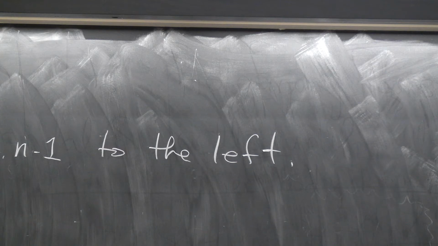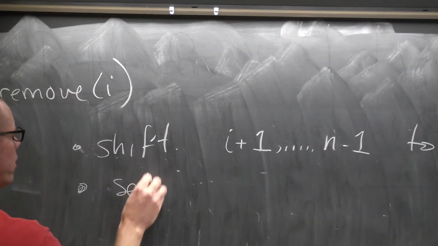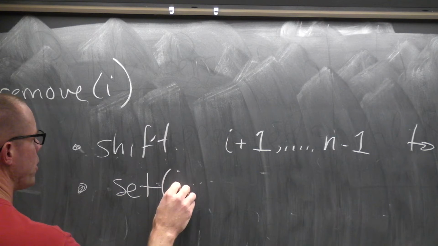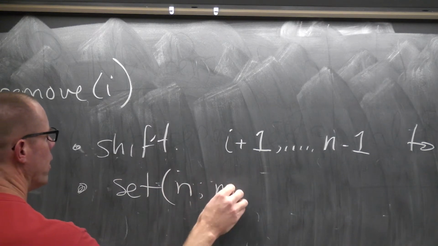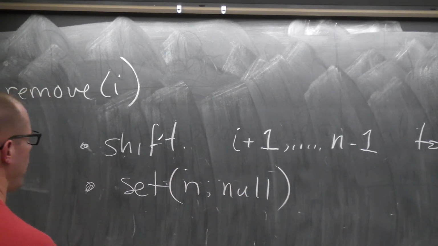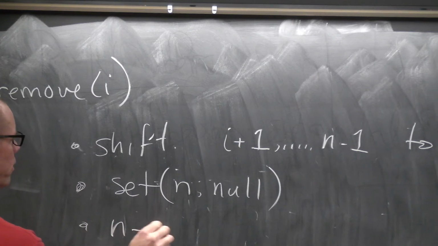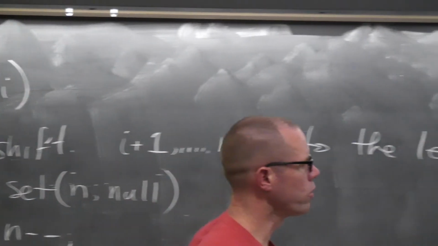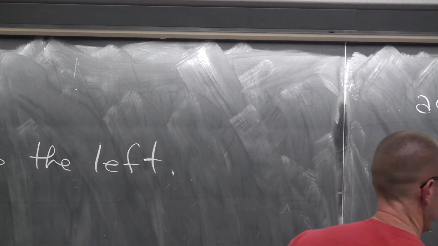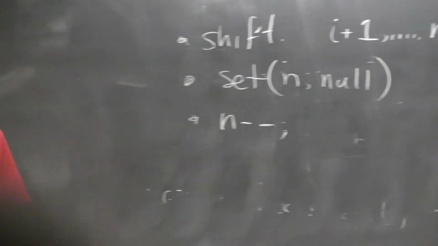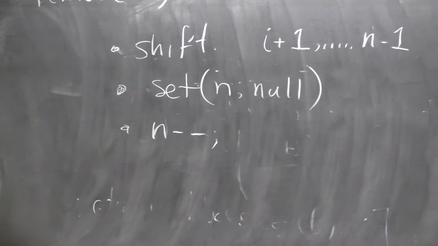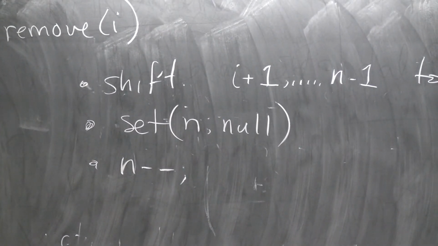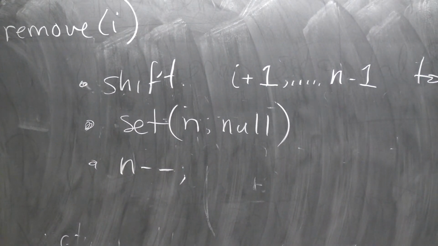If you want, you can set the element at position n to null and decrement n. Set that to null, and that's it. Your value is removed. Anything else we should do?